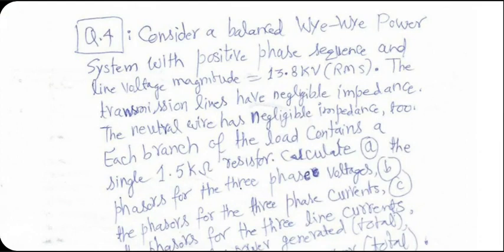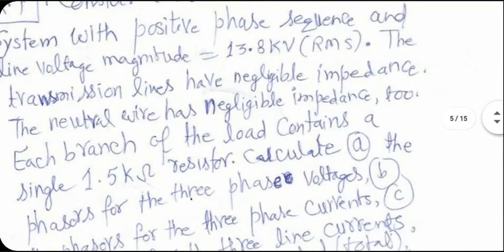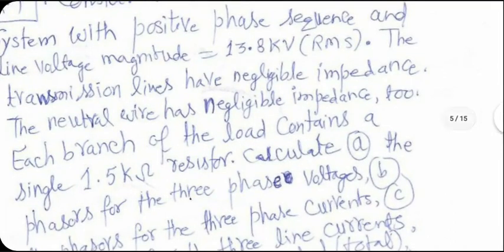The transmission lines have negligible impedance, good, lossless case for transmission lines at least. The neutral wire has negligible impedance too, which is good. Each branch of the load contains a single 1.5 kilo ohm resistor. So the load is also balanced and it is purely resistive.